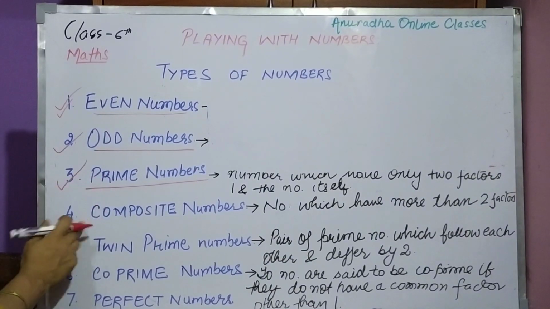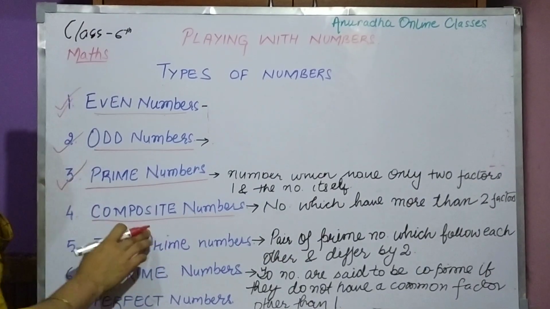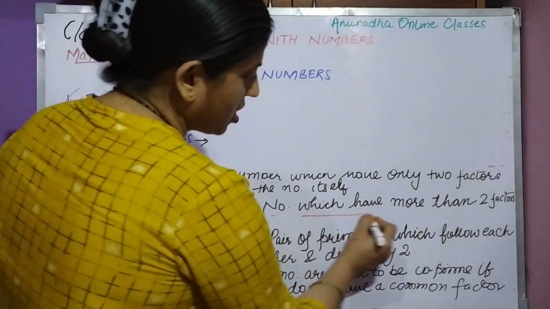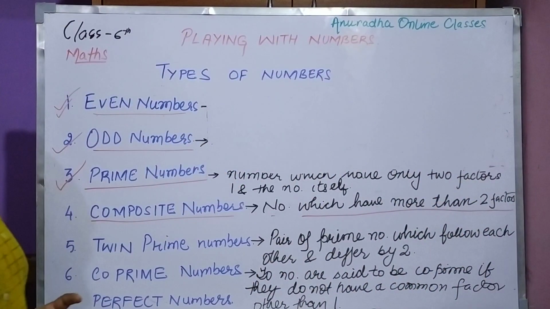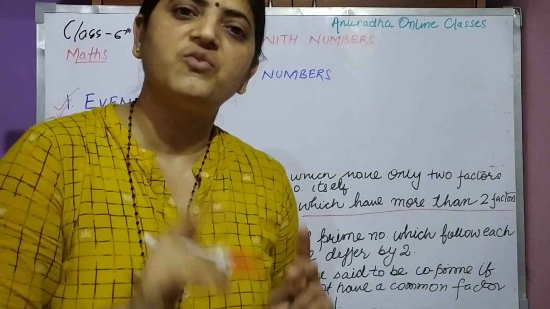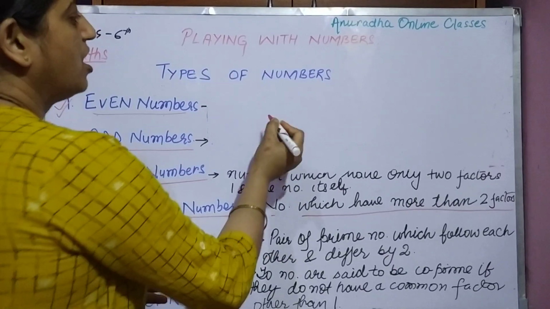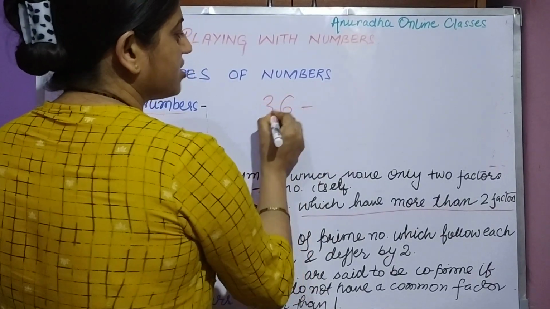See, after prime number we are having what? Composite number. What is composite number? Composite number is a number which have more than 2 factors. Suppose I have written 6 or 36 I have written.